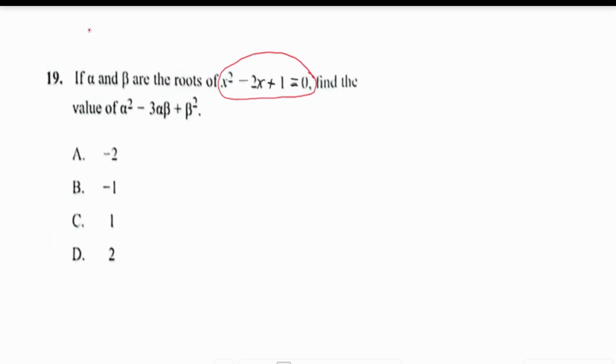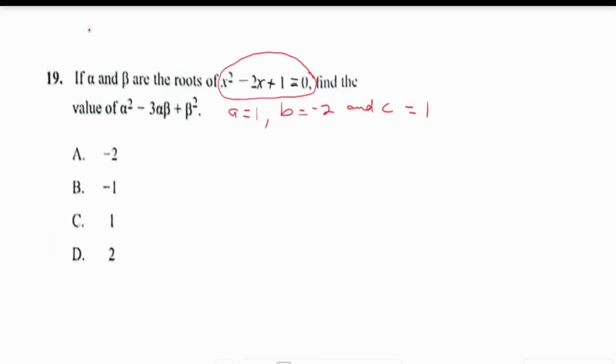This is a quadratic equation with a, the coefficient of x squared, being 1, b, the coefficient of x, being -2, and c, the constant term, being 1.